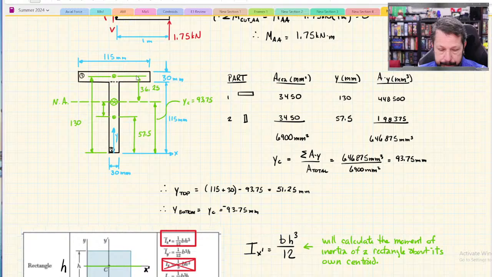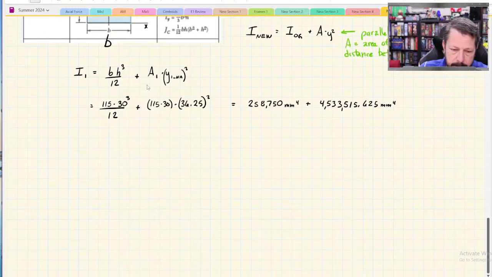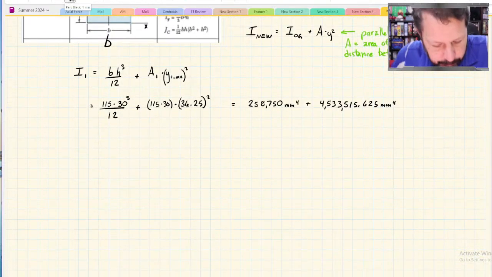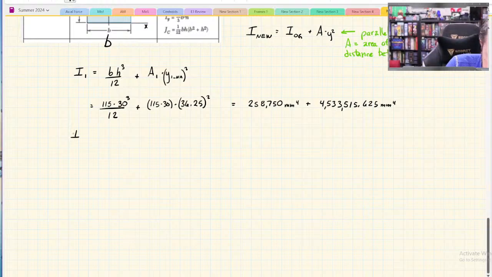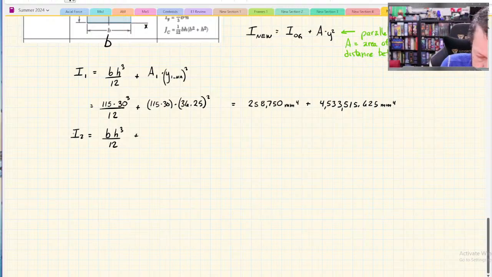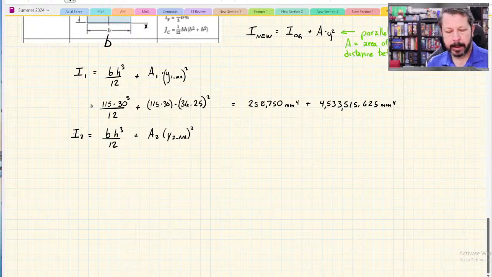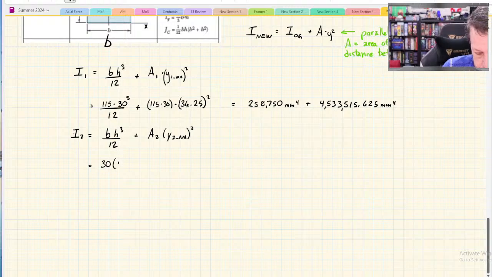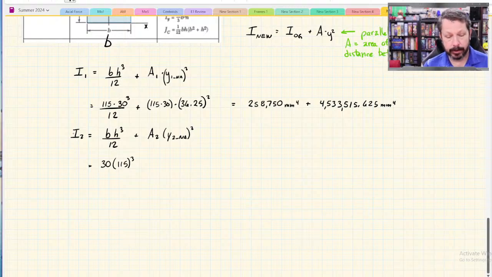Let's do the stem, so part 2, and do the same thing and look at what its numbers are. So I2, same thing, bh cubed over 12. It's a rectangle, so it has the same form, plus A2 times the distance between 2 and the neutral axis, squared. So here, the base for this piece is 30, and h is 115, and that's the number that's going to get cubed. So I'm going to get a really large number there.